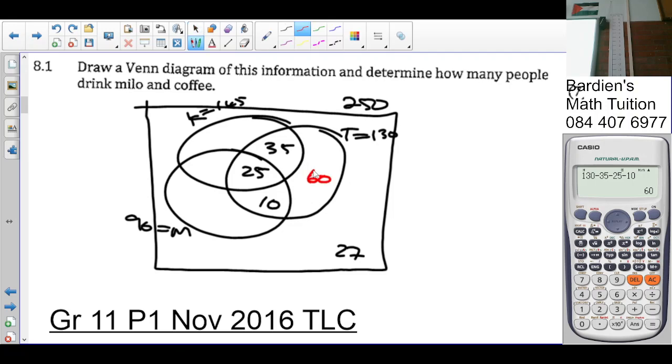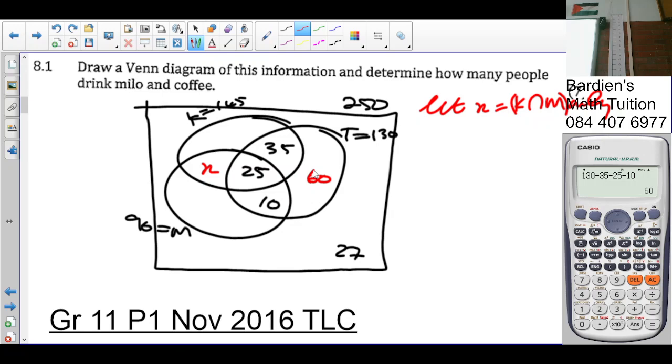Then, for this one here, I need to introduce an x. So I'm going to say let x equal people who drink coffee and Milo only. Can you see that? So if that is x, I can represent this in terms of x.